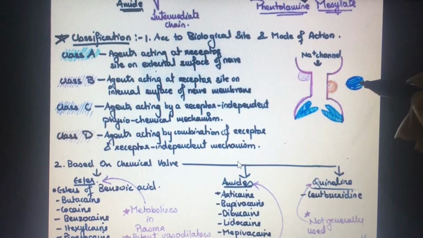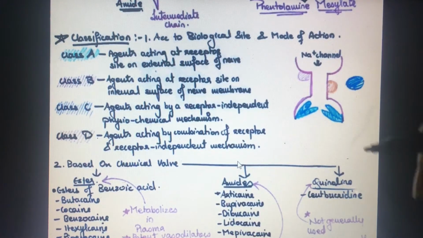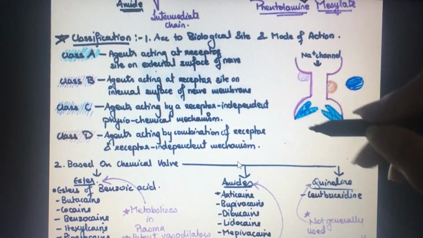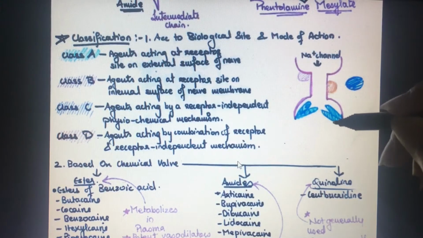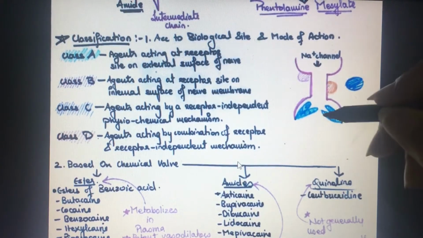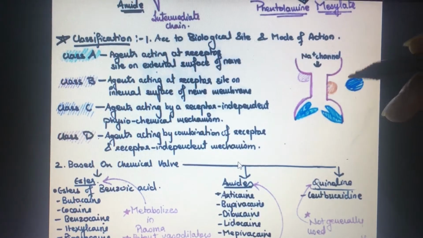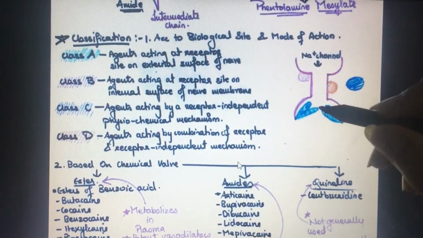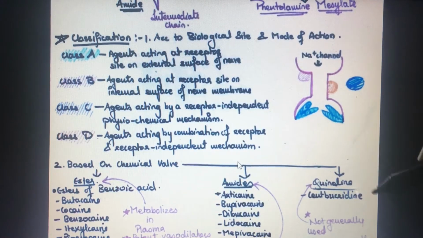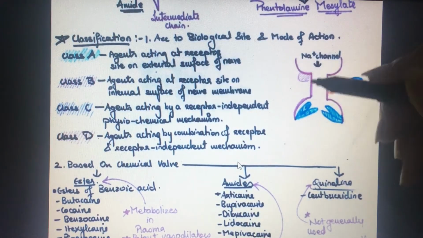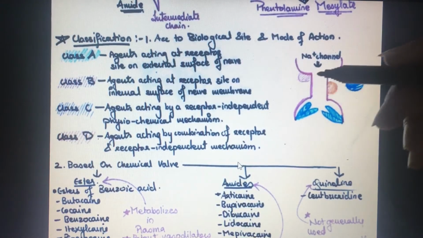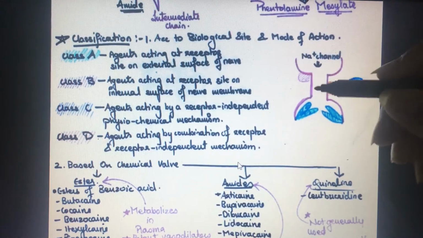The example for class B, which is the agents acting at the receptor site on the internal surface, are scorpion venom or any quaternary ammonium analogues. And for the external surface, examples are biotoxins, that is tetrodotoxin.